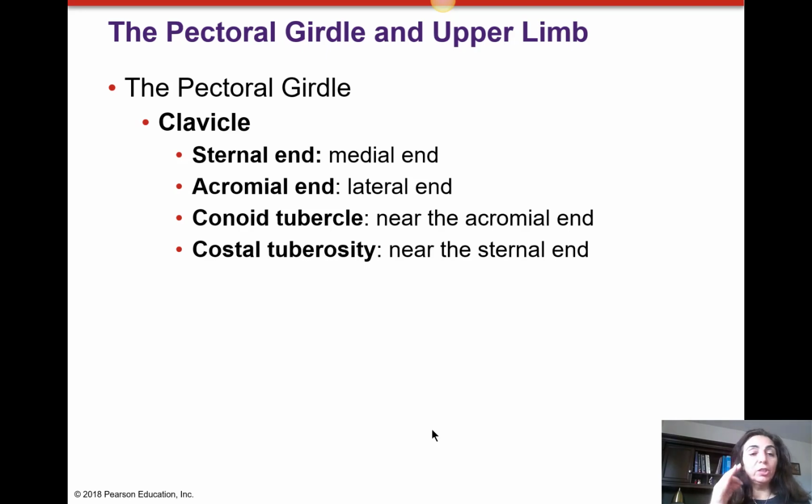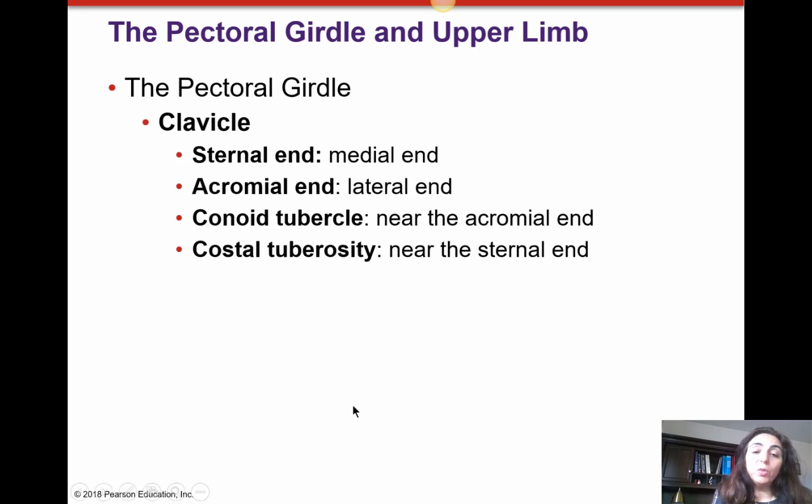In general, you need 3 landmarks, one for the superior and inferior, one for the medial and lateral, and one for the anterior and posterior. But it happens sometimes that one landmark can serve for 2 of them, or even sometimes one landmark can serve for 3 of them. So that's the case for the clavicle and the conoid tubercle.